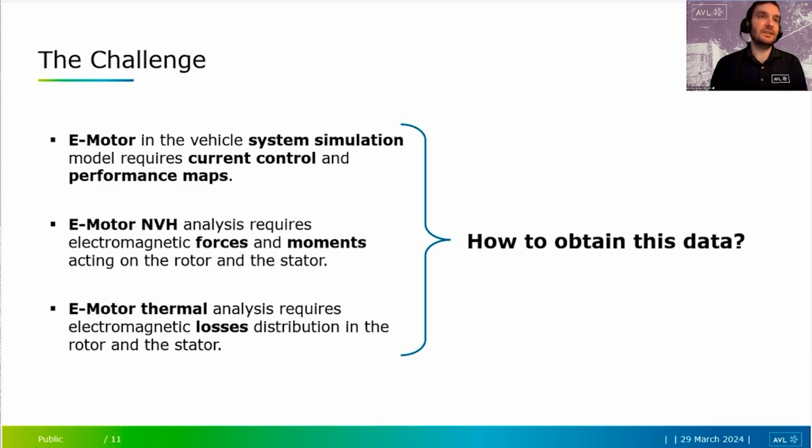Usually those three domains don't have expertise across. You won't commonly find someone with thermal experience who understands mechanical development of components, and vice versa. And even more rarely would you find any one of those people who can understand electromagnetic analysis, because that's a really niche field. But all three groups need the electromagnetic field results.